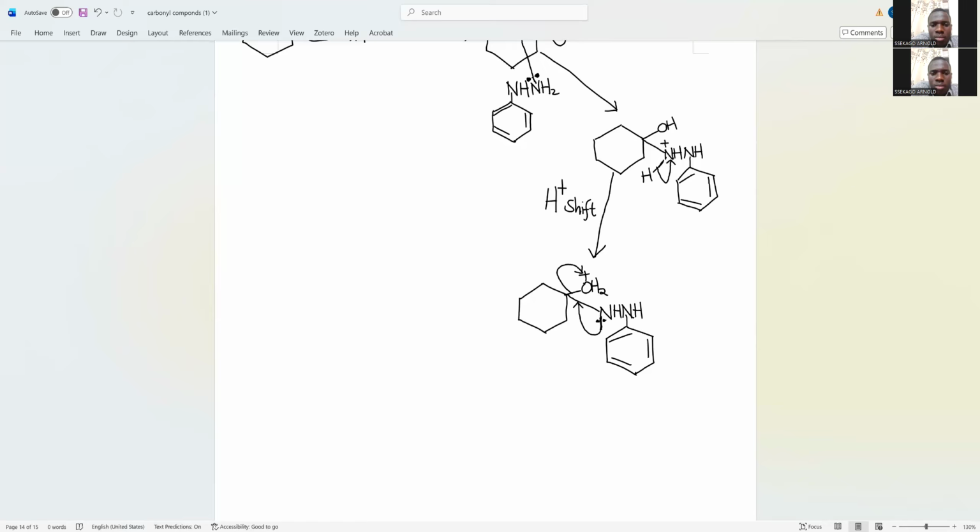Like that. So as a result, there is loss of a water molecule, H2O, as we form the following.